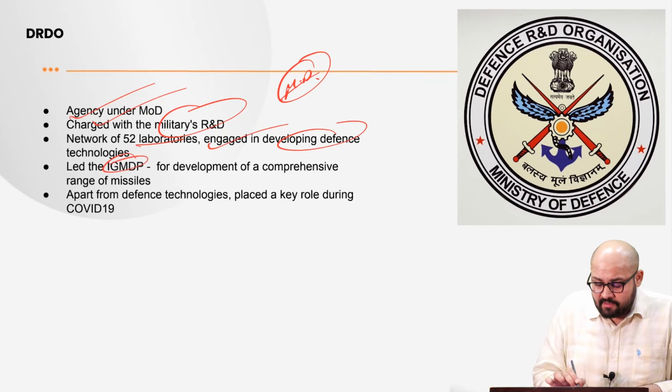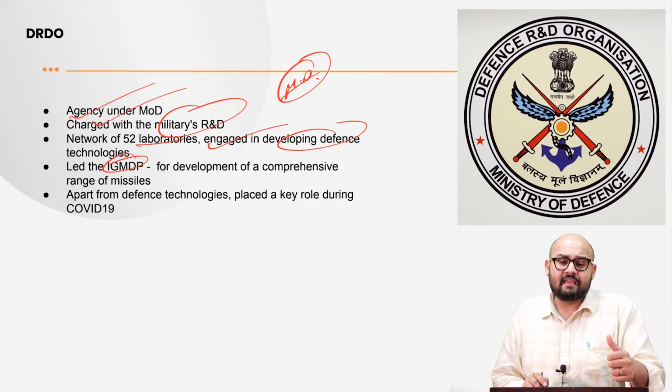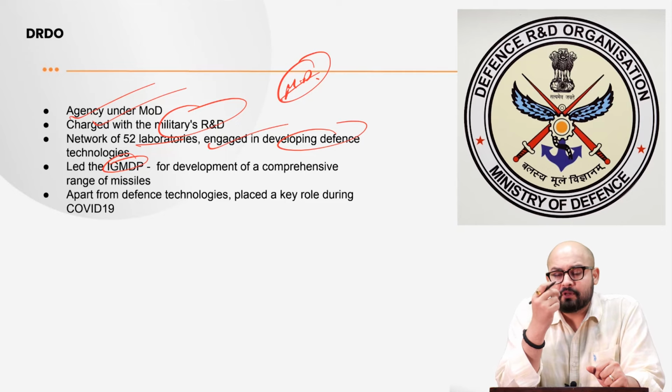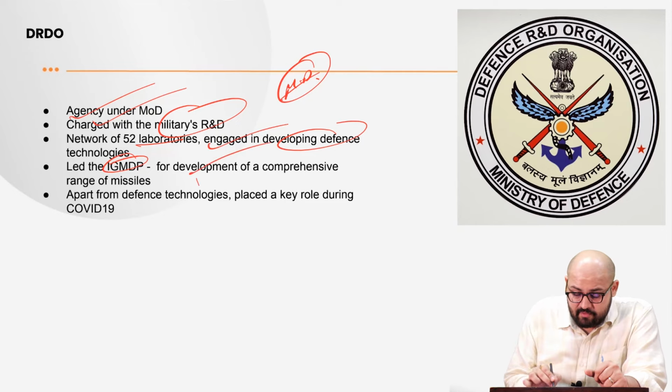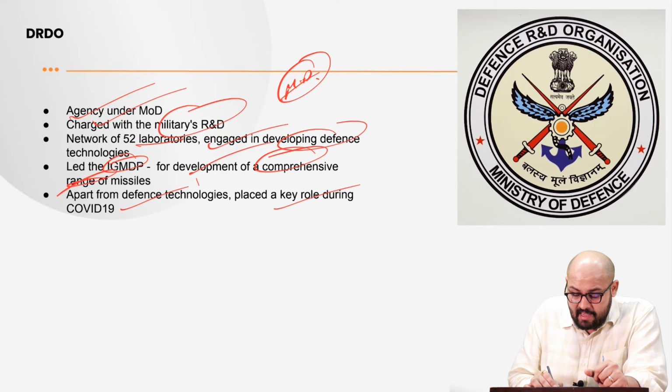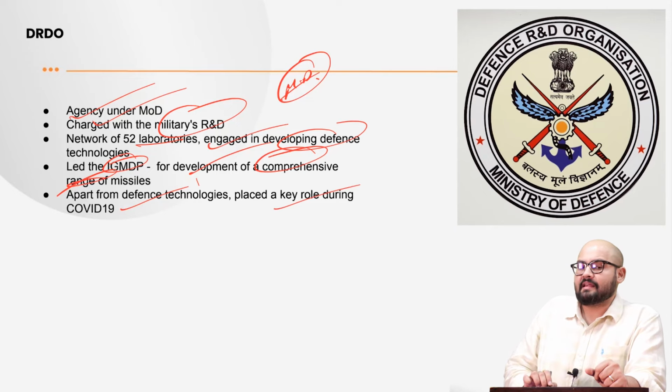Now, it has also led the Integrated Guided Missile Development Program, which ultimately led to the development of missiles like Agni, Trishul, Prithvi, Nag, right? So that is for the development of a comprehensive range of missiles. Now, apart from defense technologies, DRDO has also played a key role during the COVID-19 crisis. How?